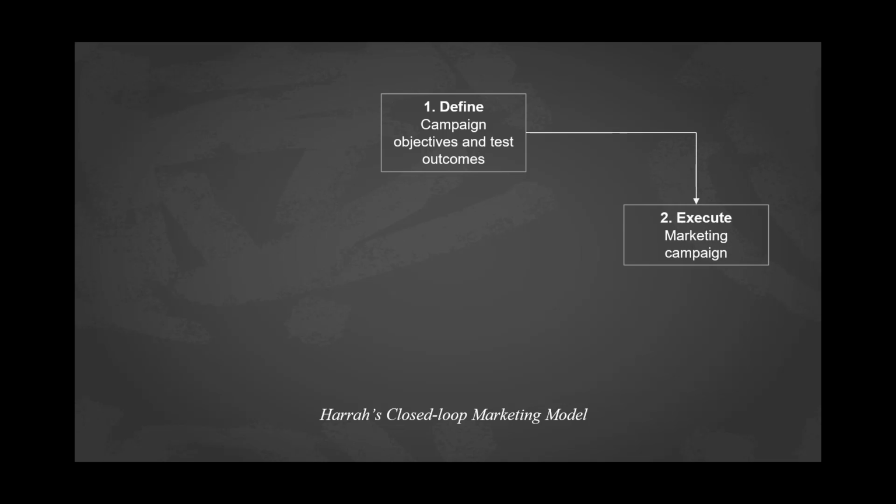Next, the campaign or test is executed. The campaign is designed to provide the right offer and message at the right time. The selection of particular customers and the treatments they receive are based on their prior experiences with Harrah's. Then each customer's response to the campaign is tracked.